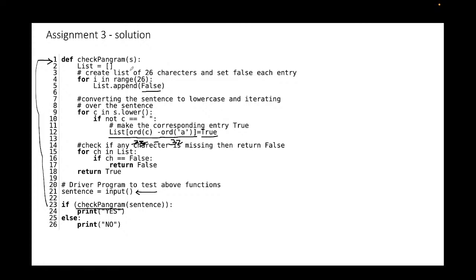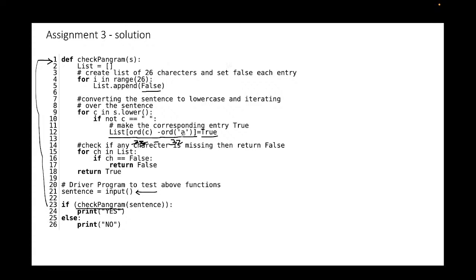The same way it will go all the way from A to Z. If we encountered all the alphabets from A to Z, all the 26 falses in this initial list will be switched to true.